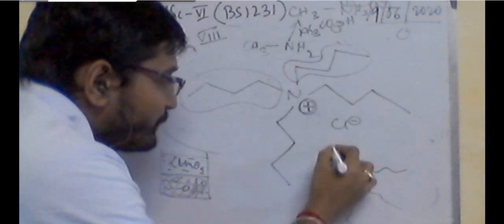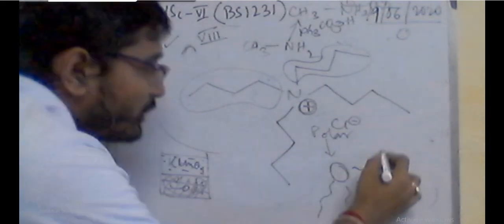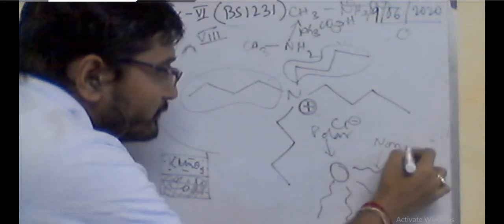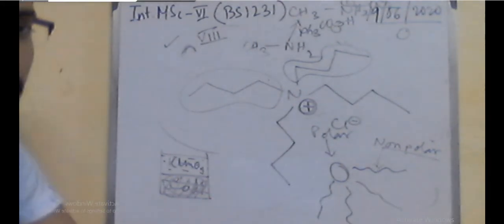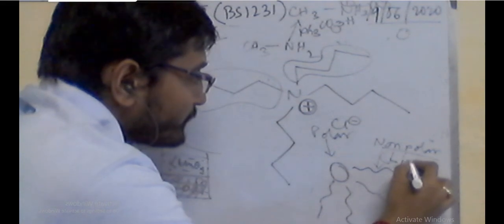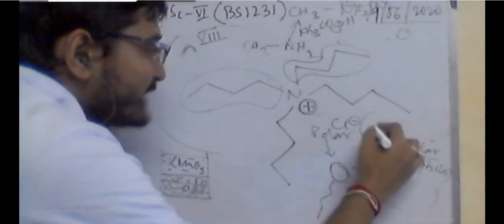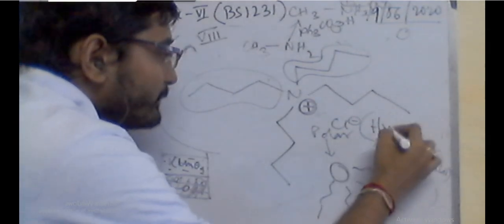Philic or philia means love, that means the polar part will tend toward the aqueous portion, and the non-polar or lipophilic part will tend toward the non-polar portion, that means the organic layer. So you can see here this is the interface. So they remain at the interface.